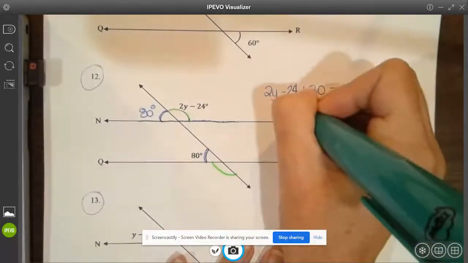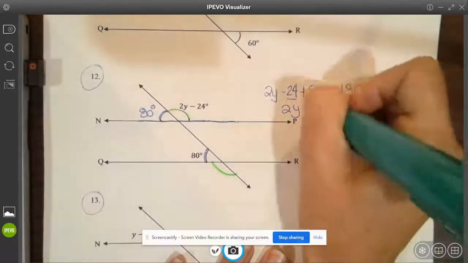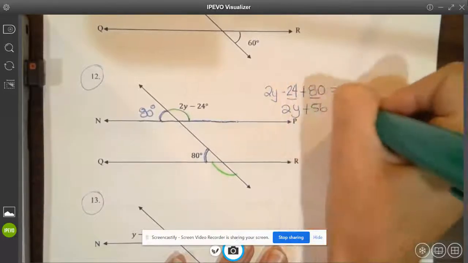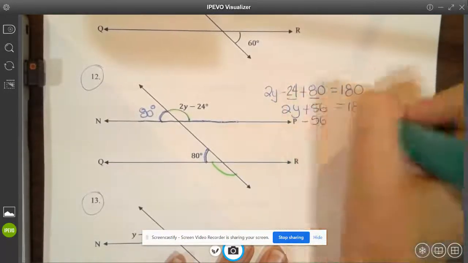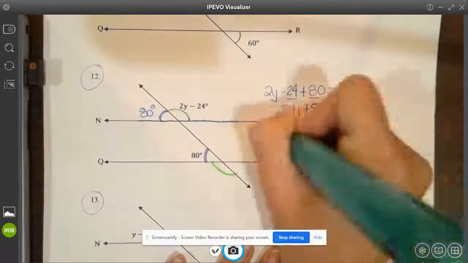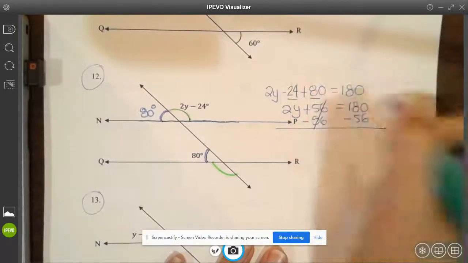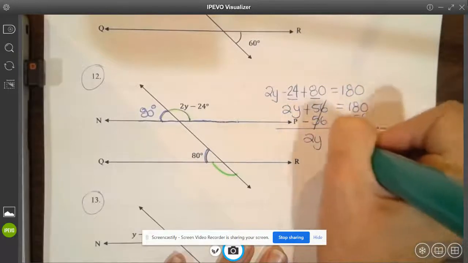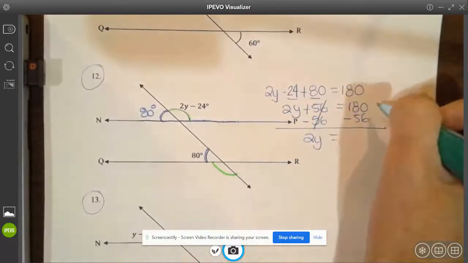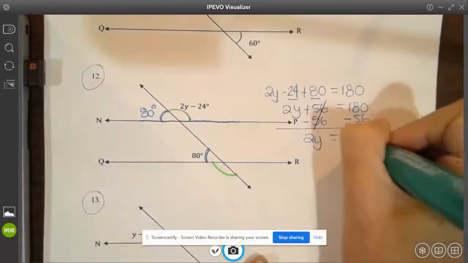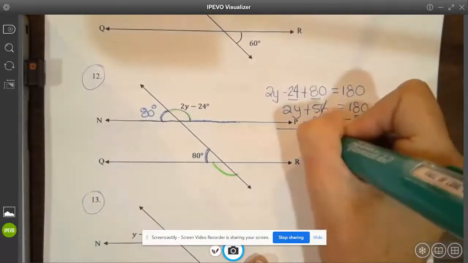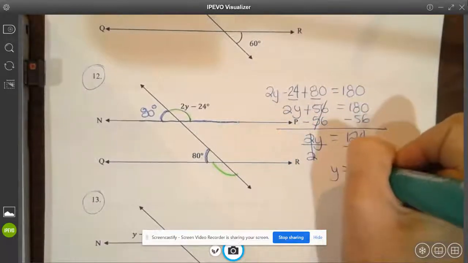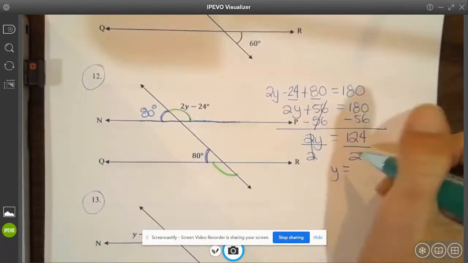So that's 2y plus 56 equals 180. Then we subtract 56 from both sides. 56 minus 56 is 0, and then we have 2y equals 180 minus 56, which is 124, and then you divide by 2. y equals 62.